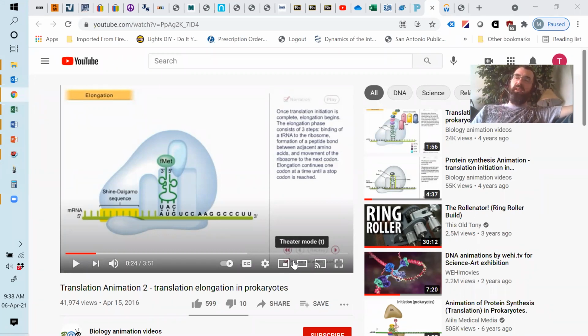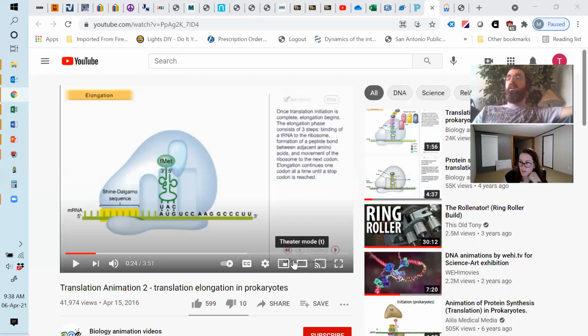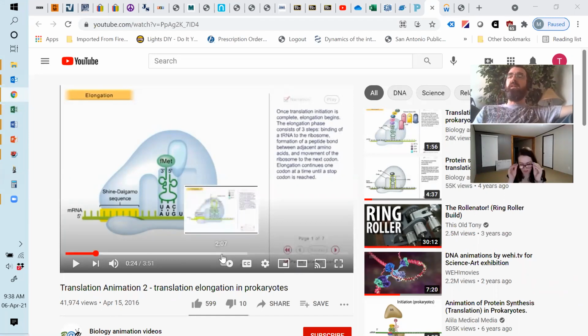So before you even begin translation, you have to charge your tRNAs, otherwise they're not going to bring any amino acids into the ribosome. It takes energy to do that. So that's 1 ATP alone required for adding 1 amino acid, and we'll see where the GTP comes in. Okay, cool. So good stuff.